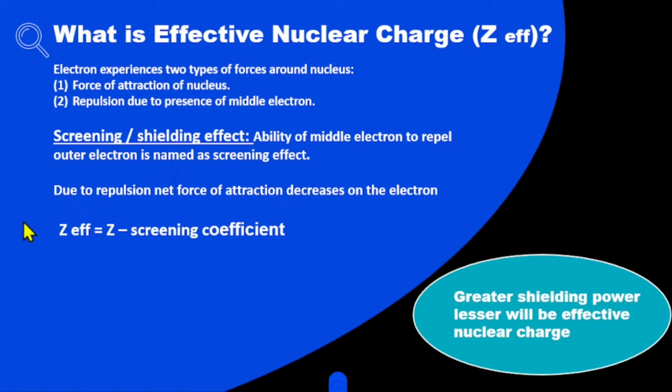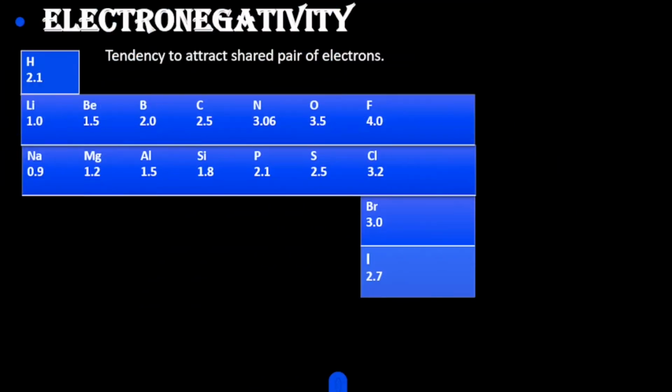So we will begin with the first topic, which is electronegativity. It is the tendency to attract a shared pair of electrons. This data is actually very important, mentioned in the NCERT book. The table I showed you was mentioned in that also.